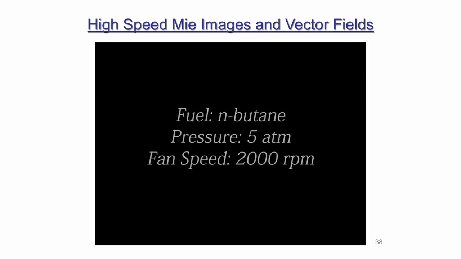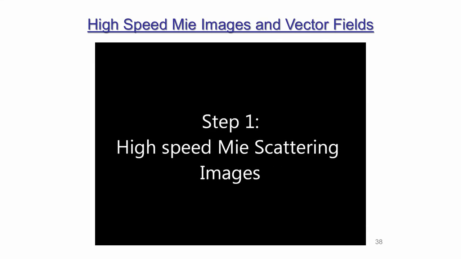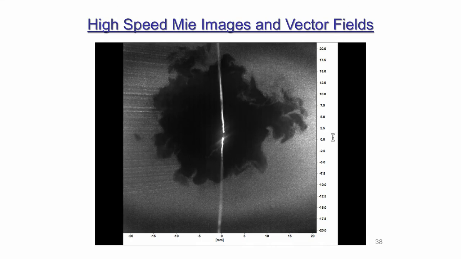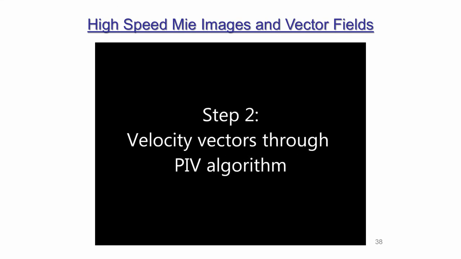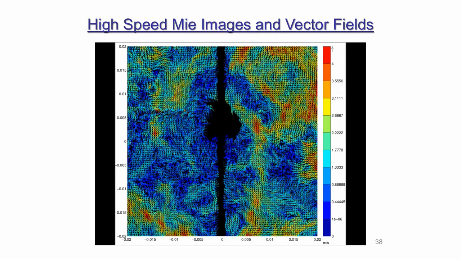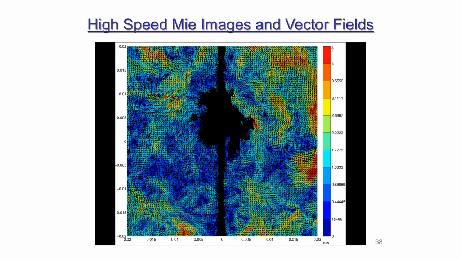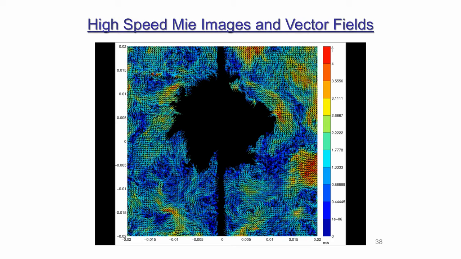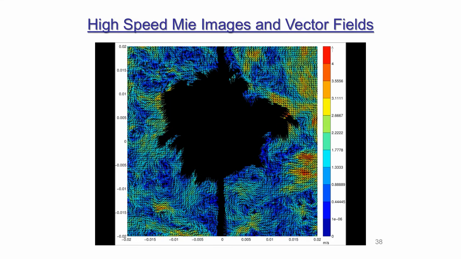And then I will show you how we can do this with Mie scattering images for different experiments, and PIV. For doing PIV, first you have to do high speed Mie scattering, and then you see how the flame is expanding, and then you can find out the vectors. And of course the flame consumes these olive oil droplets, which were used for seeding the flow, and you can see how the flame expands in the surrounding turbulence.